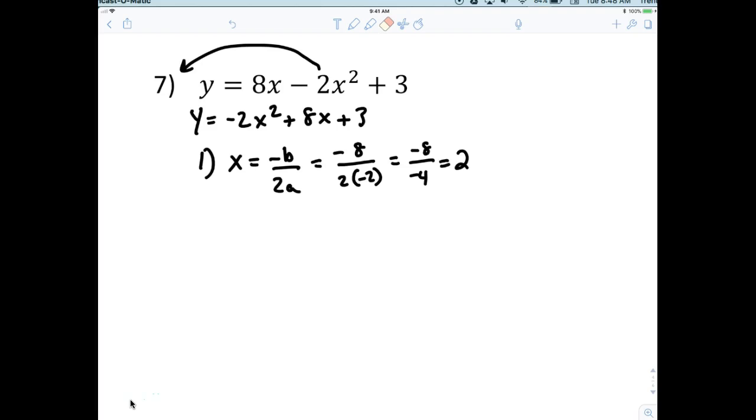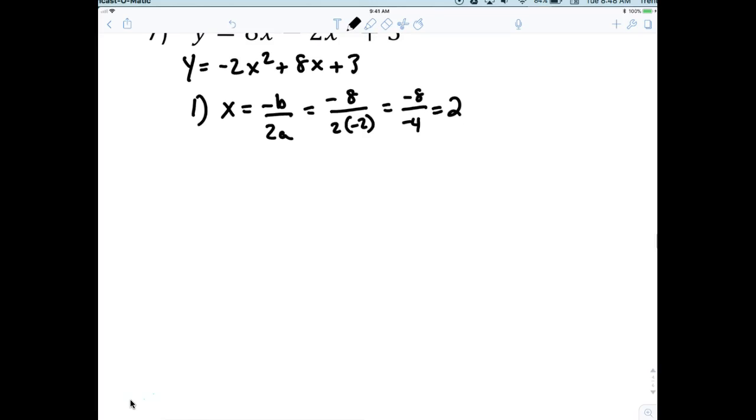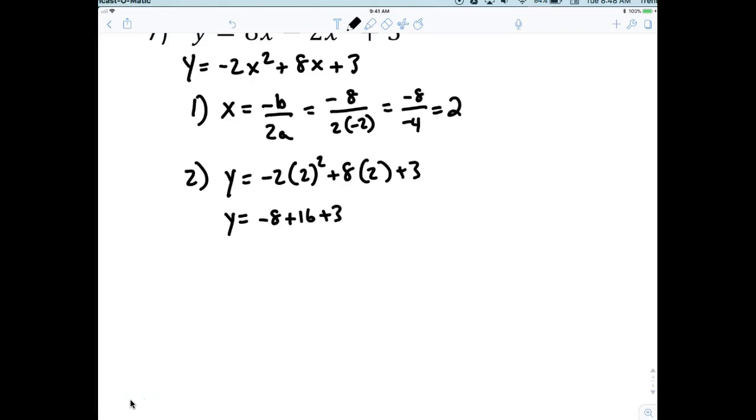All right? So now, if x equals 2, y equals negative 2 times 2 squared plus 8 times 2 plus 3. Y equals negative 8 plus 16 plus 3. Y equals 11, I believe.